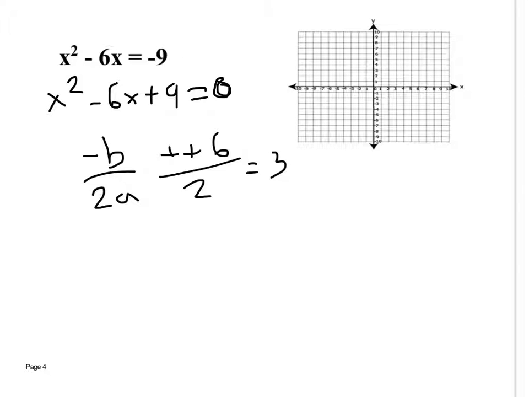I plug that in here. 3 squared is 9, and then -6 times 3 is -18 plus 9. That gives me 0. So here is my vertex. My y-intercept's there at 9, so I put a dot on the other side. Right there. I graph it.